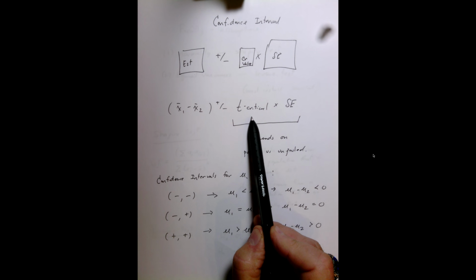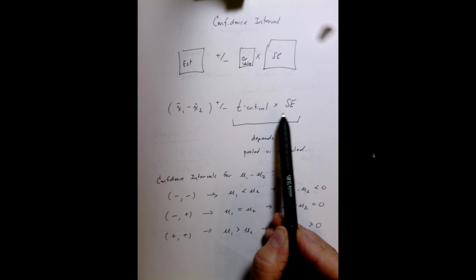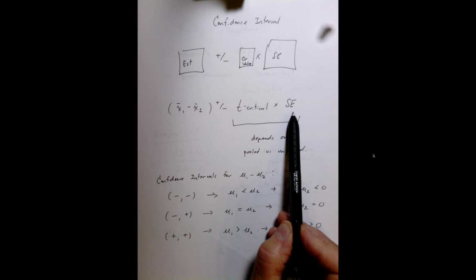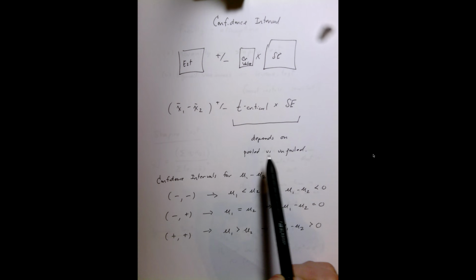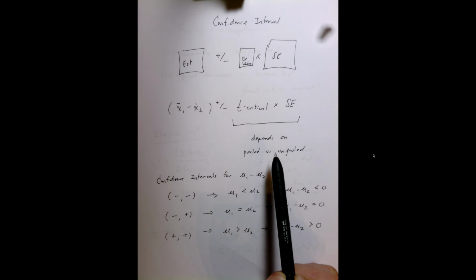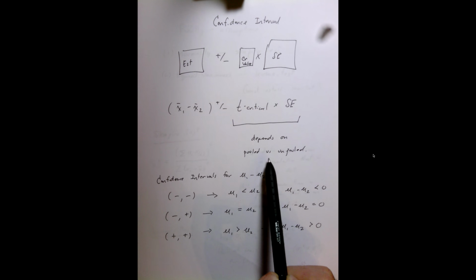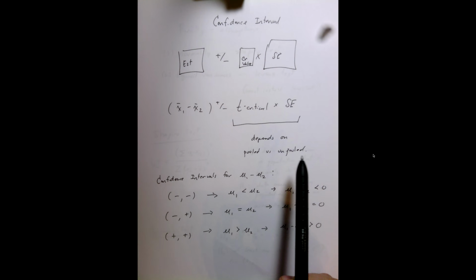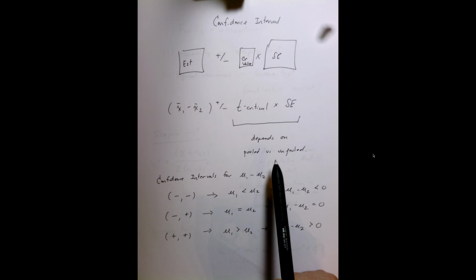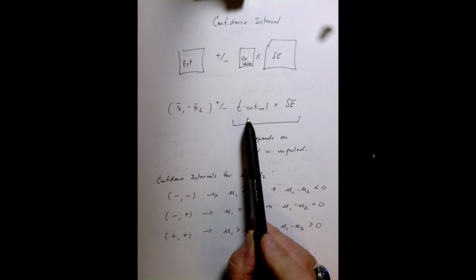We use the t distribution. We multiply by the standard error. And again, that depends on pooled or unpooled. Do we assume equal variances? Do we not assume equal variances? And I have very, very, very strong feelings about this. More about that later.